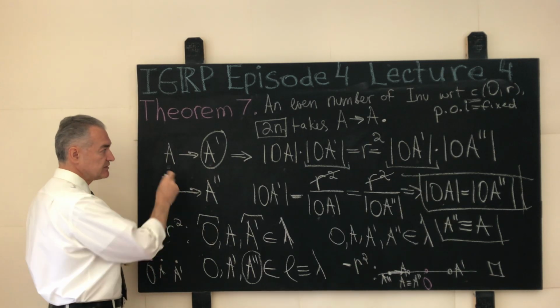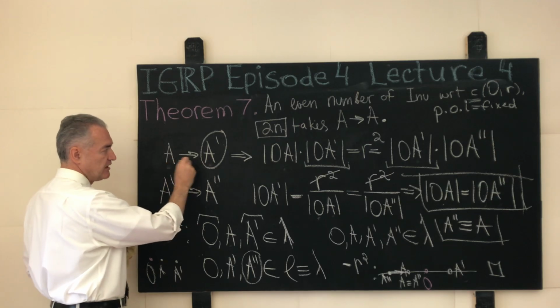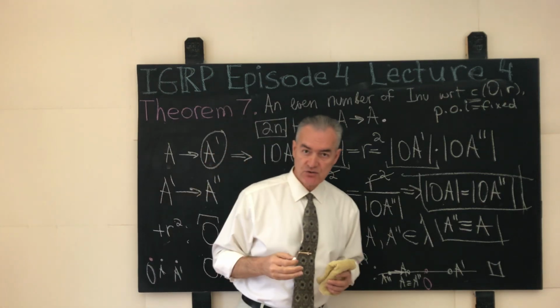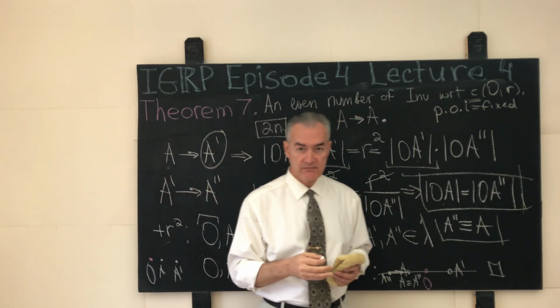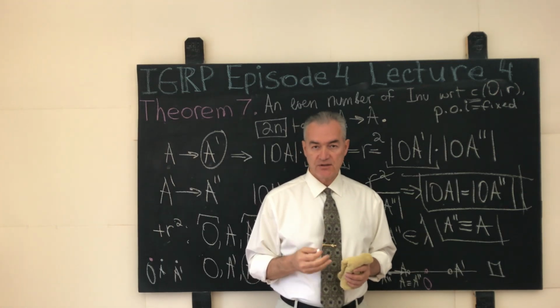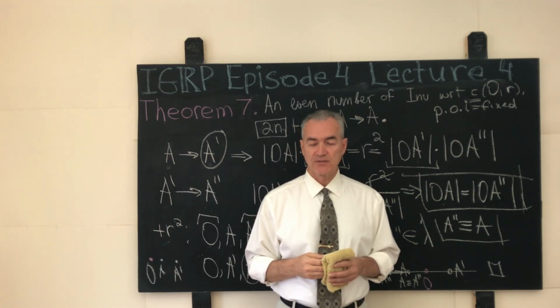Now, in this case, we can say that the points A and A prime are symmetric with respect to the inversion of the real plane with respect to a circle C centered at the point O and the radius R.